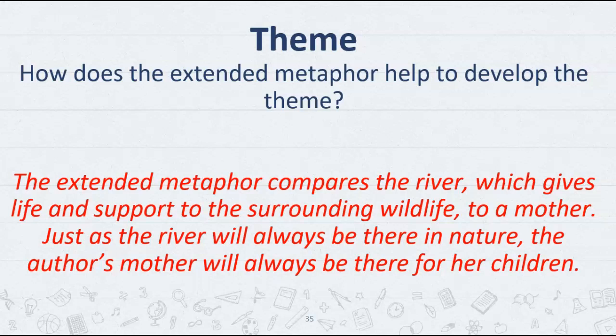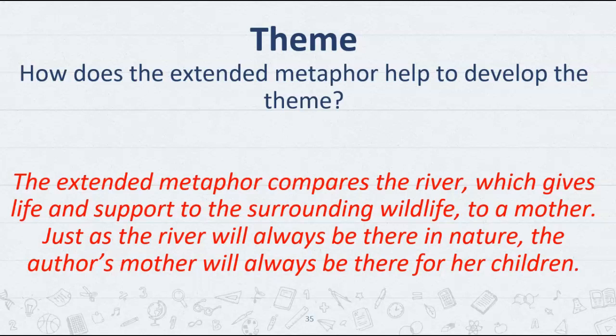So you can see how we can first identify these different devices. We can look for figurative language and allusions and metaphors. We can look for all those things and we can identify them. And then we can look at the theme of the piece and say, what is it that the author is trying to communicate? And then we take it a step further and we say, okay, how does the author communicate that idea?